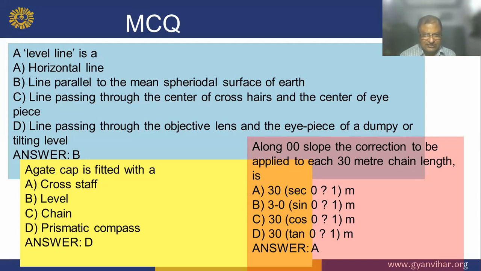Yes, the answer is D, prismatic compass. Now, along the chain, the correction to apply to each 30 meter length. What is the correct answer? The correct answer is A, 30 seconds.